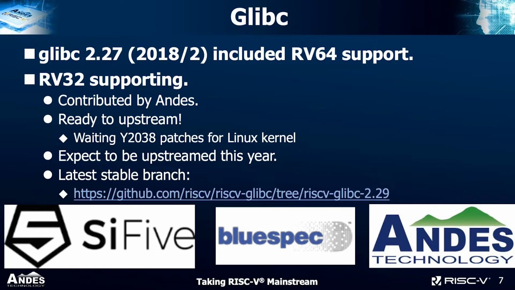The next one is glibc. glibc was upstreamed last year, but it only included RV64 support. Special thanks to SiFive, Palmer Dabbelt, and the Red Hat guys for contributing that. Now RV32 support is coming.